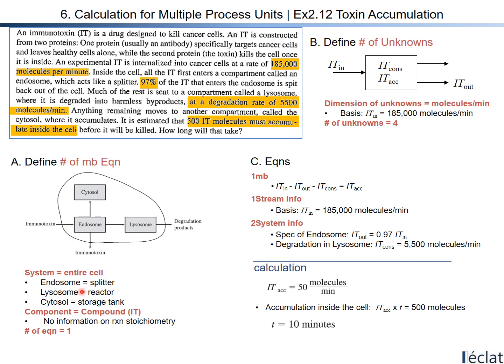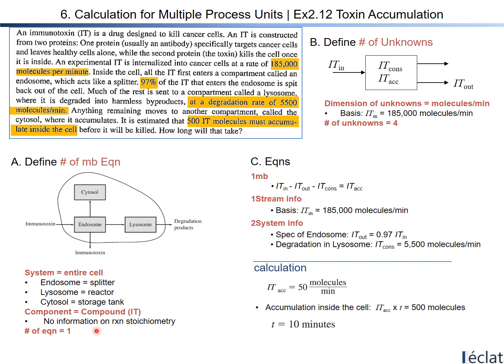And in this case, the component is the compound, and we will consider only IT, immunotoxin. We don't have any chemical reaction or stoichiometry. So right now we have only one component, which is IT. So the number of material balance equations is just one.